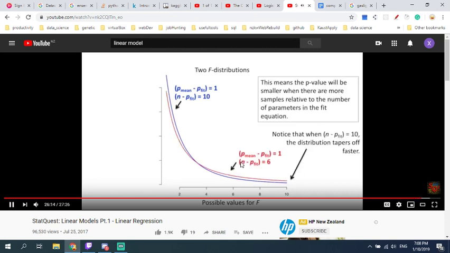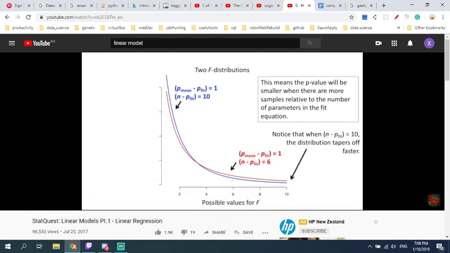The p-value will be smaller when there are more samples relative to the number of parameters.